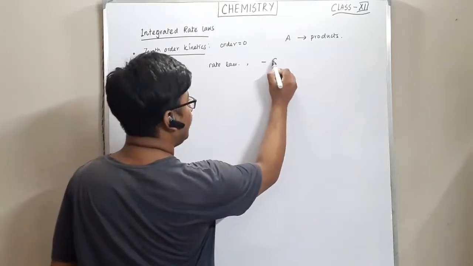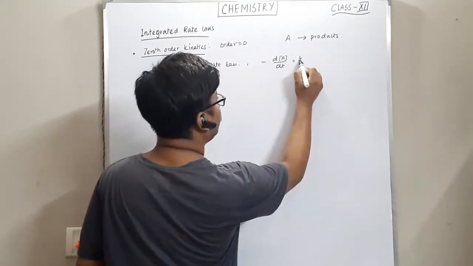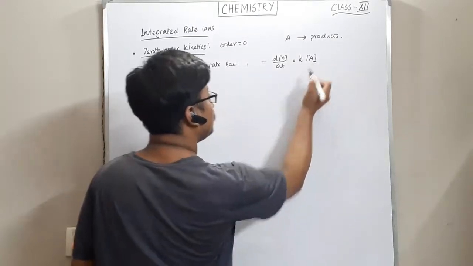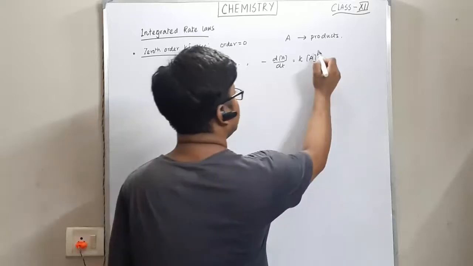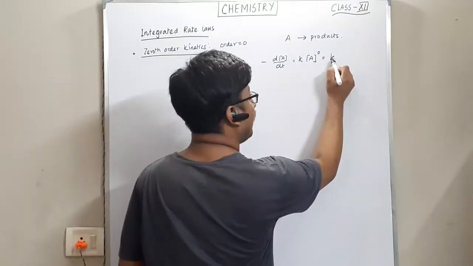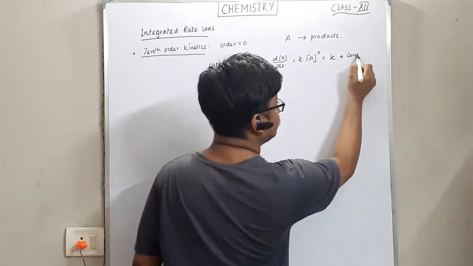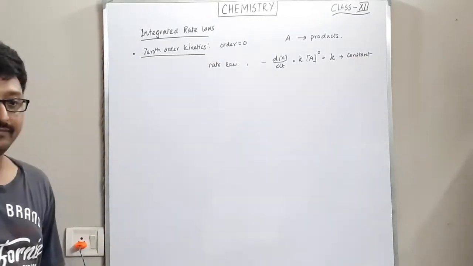Rate law will be minus dA by dt equals rate constant into concentration of A. But since the reaction is a zeroth order reaction, we will put a zero here. So that is basically the k. So it's a constant. So for the reaction, the rate is constant.